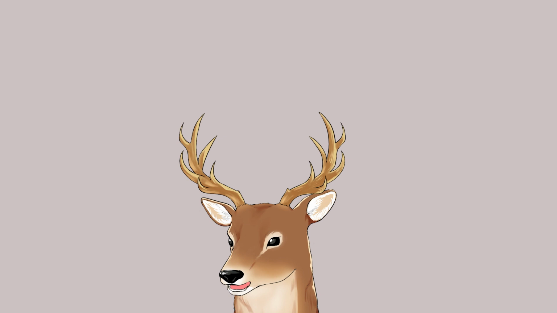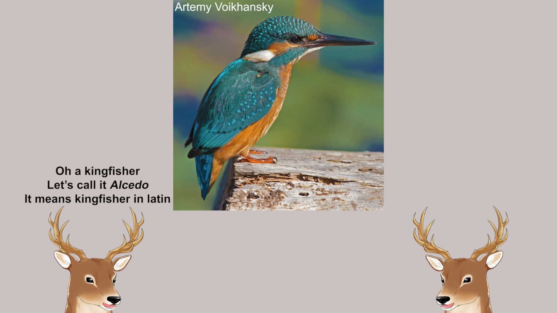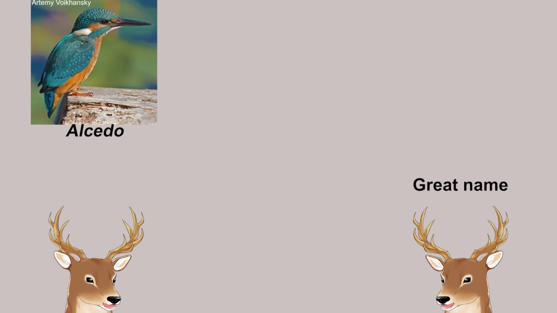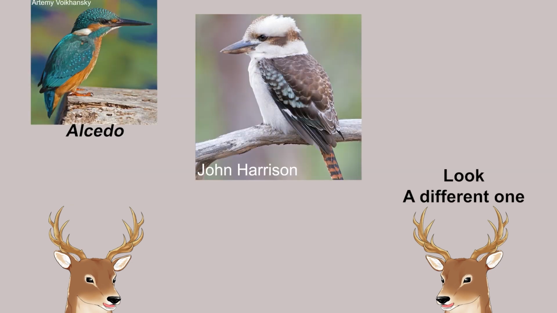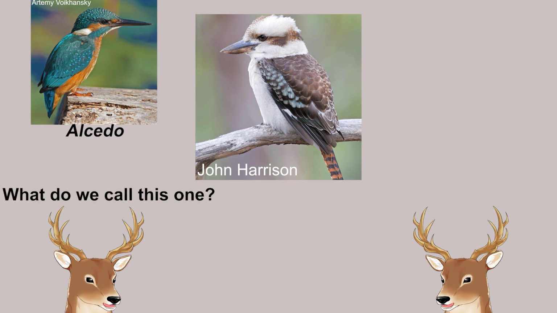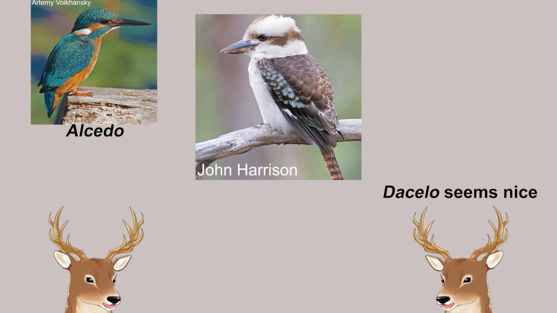I'll give you an example. "Oh look, a kingfisher. We should call it Alcedo, because that's what it's called in Latin." "Oh great! Hey look, there's another one that looks quite different." "Oh yeah, what should we call it?" "How about Dacelo? You know, since it's quite similar and all."